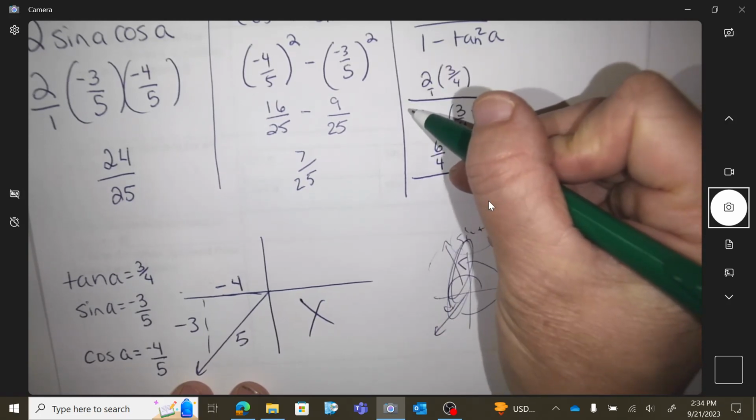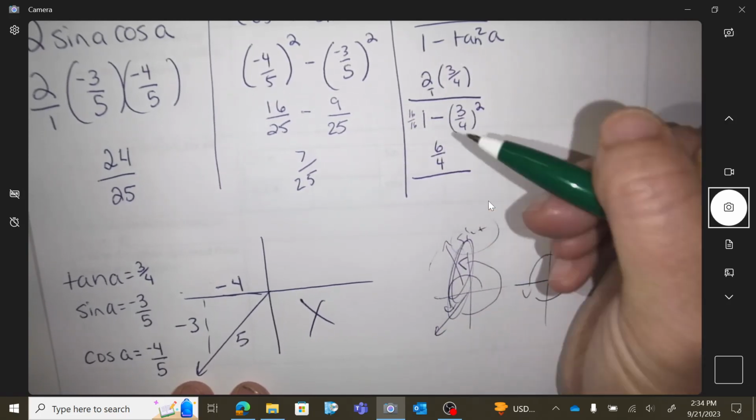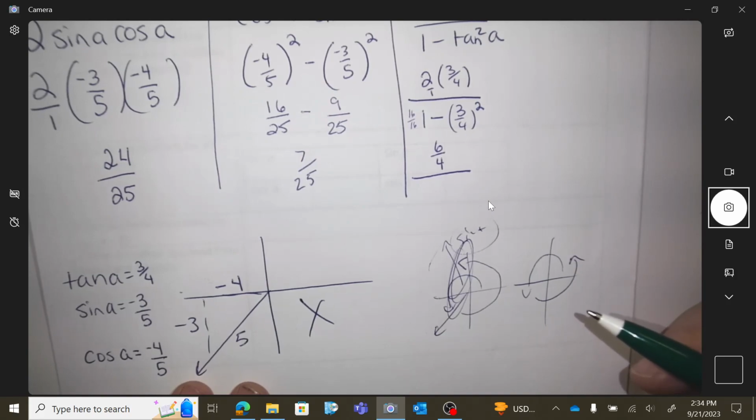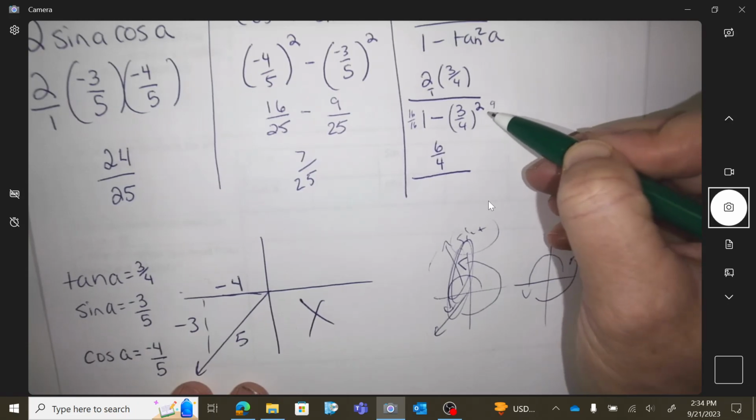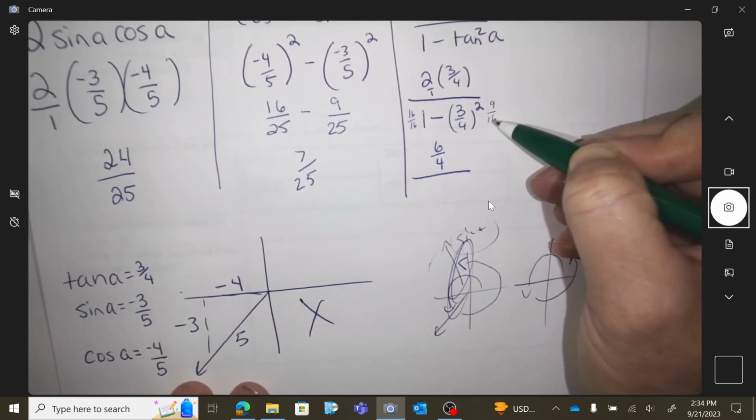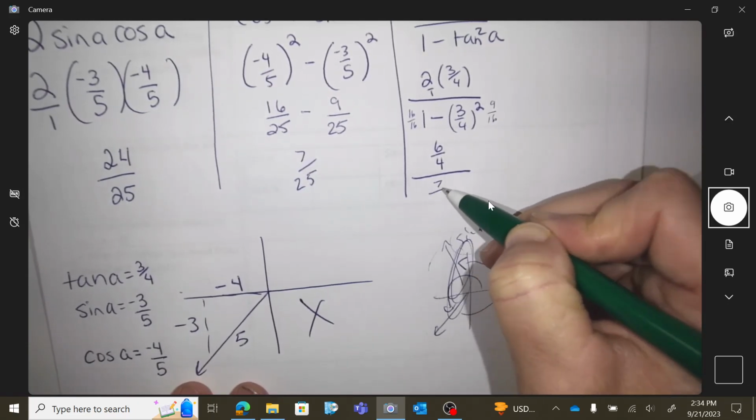I'm going to do this right here. This is 16/16. 1 is 16/16. And this is 9/16. So then this would be 7/16.